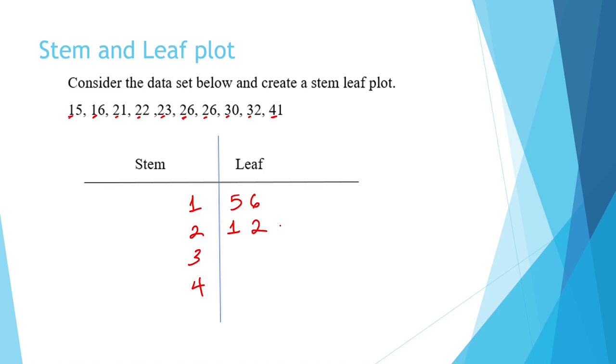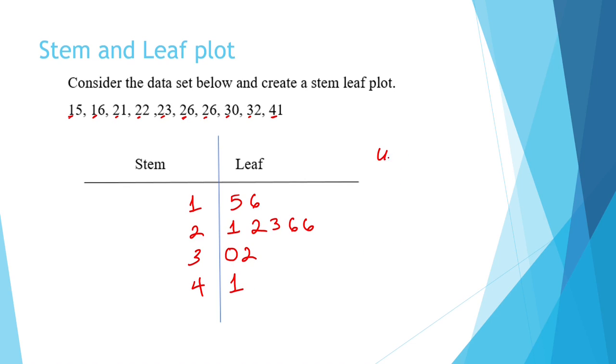For 23, the leaf is 3. 26 appears twice, so we have to represent 2 leaves with 6 and 6. We have 30, so that's going to be a stem of 3 and a leaf of 0. 32, a stem of 3, a leaf of 2. And finally, 41 is represented by a 4 for the stem and a 1 for the leaf.